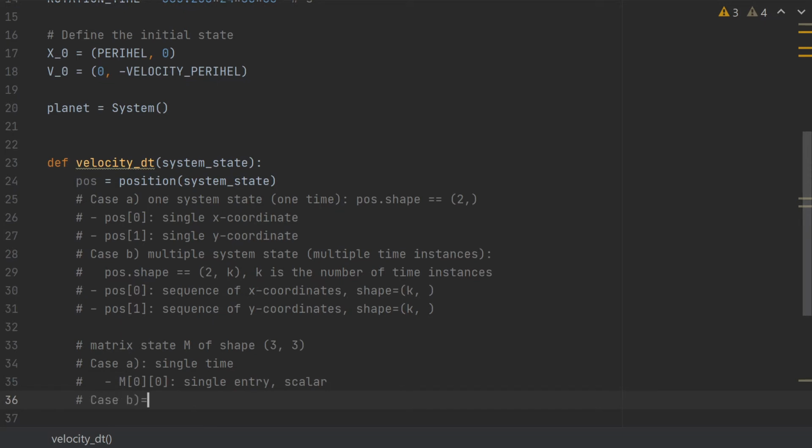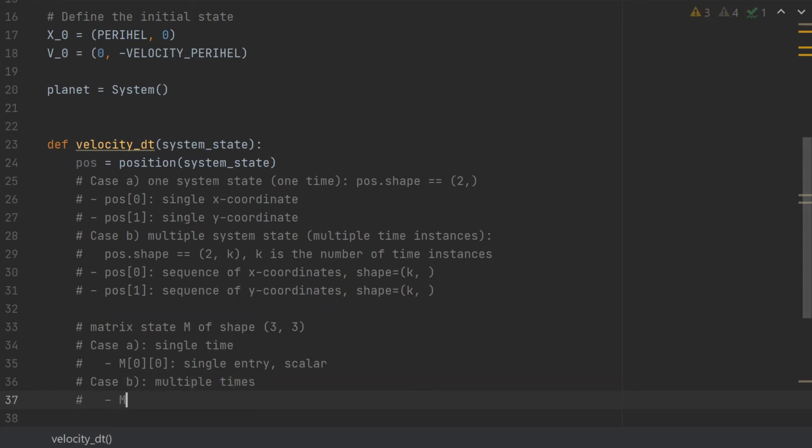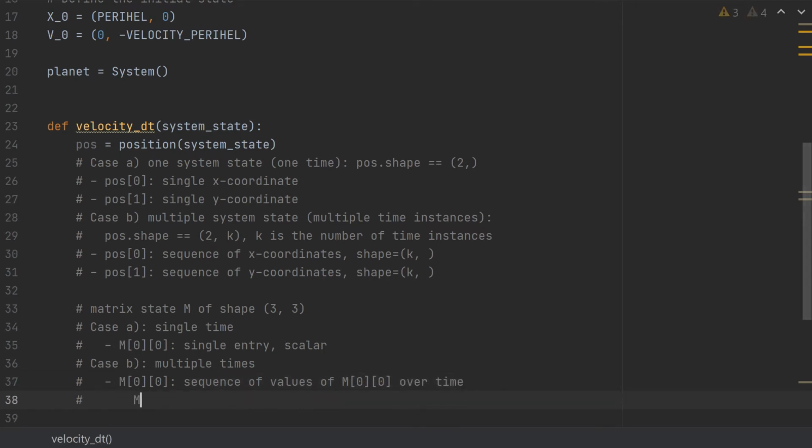In case B, where we have multiple times, M0 of 0 would be a vector or a sequence of values of M0, 0 over time. So M0, 0, K would be the value of M0, 0 at time instance k.